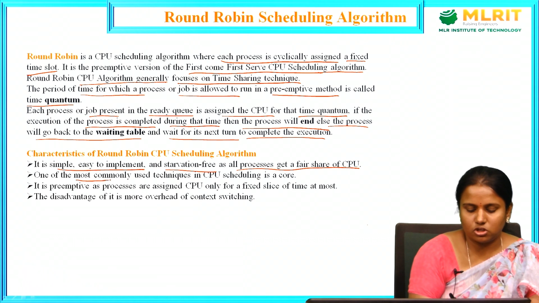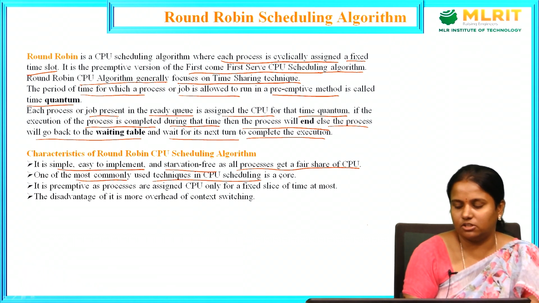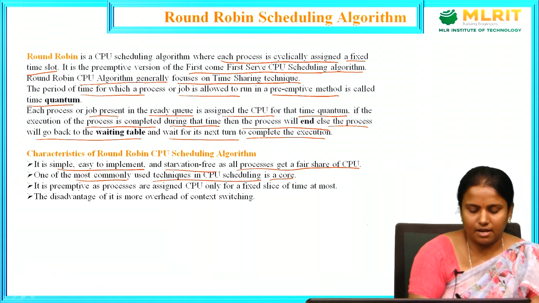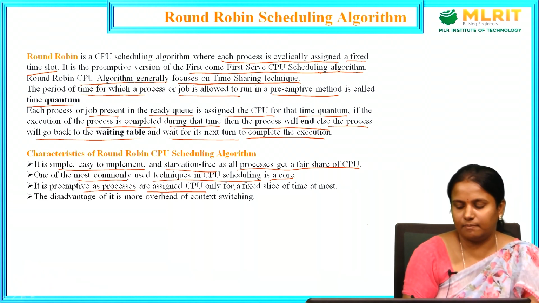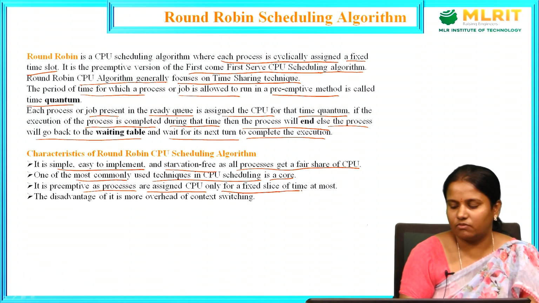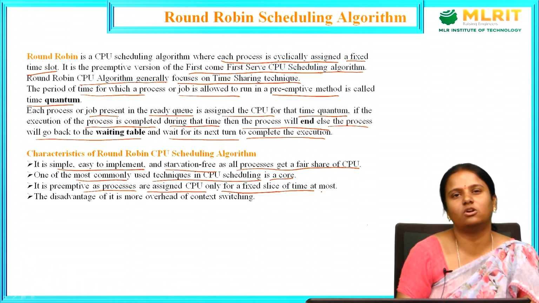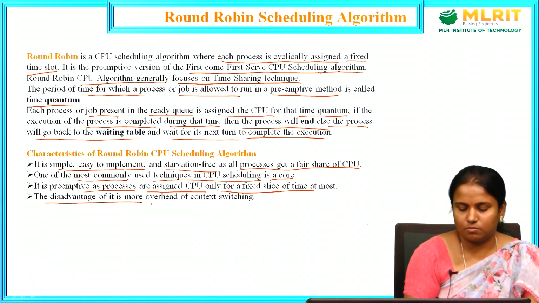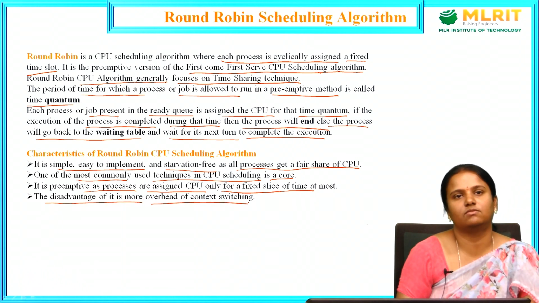One of the most commonly used techniques in CPU scheduling is this. It is preemptive, as processes are assigned the CPU only for a fixed slice of time at most. The disadvantage of this algorithm is the more overhead of context switching.